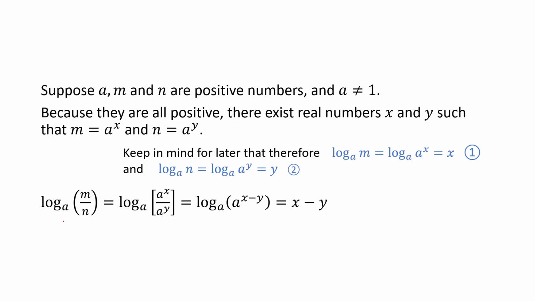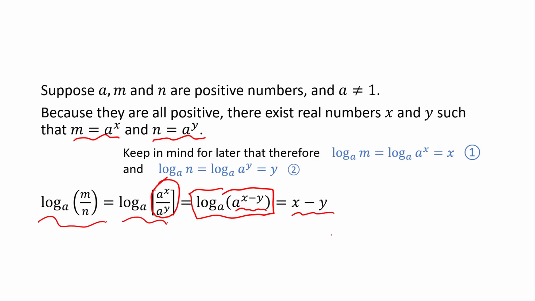develop our formula. The log base a of m over n will be, since m is a to the x and n is a to the y, this will equal the log base a of a to the x over a to the y. But we know what a to the x over a to the y is. It equals a to the x minus y. And for the reasons stated in the first slide before getting into this slideshow, the log base a of a to the exponent x minus y is simply x minus y.